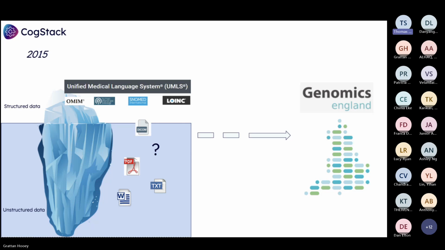Genomics England and the hospitals taking part in the program had this task of recruiting patients into rare disorders programs or cancer programs. And it was really challenging to do this because a lot of the information within the hospital record that they needed in order to identify people that fitted criteria for recruitment, and to subsequently populate the phenotype models that were required for recruitment, was really difficult to find.